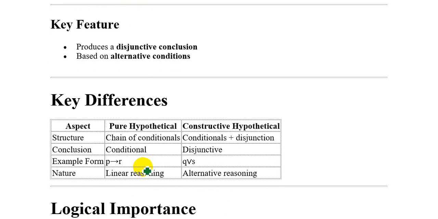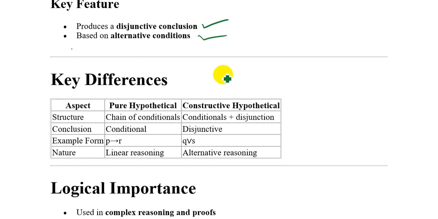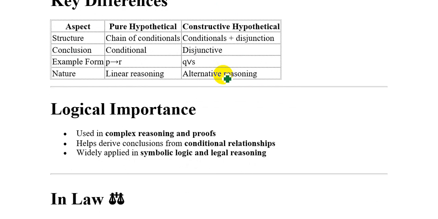So what are the features of this type of constructive dilemma? It produces a disjunctive conclusion, which we already saw. It is based on alternative conditions. The difference between pure hypothetical and constructive is based on structure.